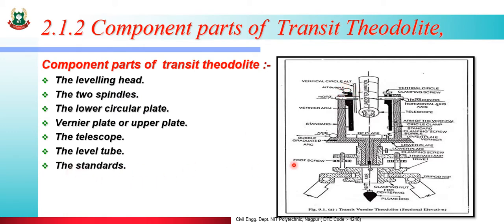The standards. The hatched portion shows the two standards. This is one and this is second. The vertical circle. This is a vertical circle which is used for measuring the vertical angle. The vernier frame. Vernier frame means it is inside the vertical circle.